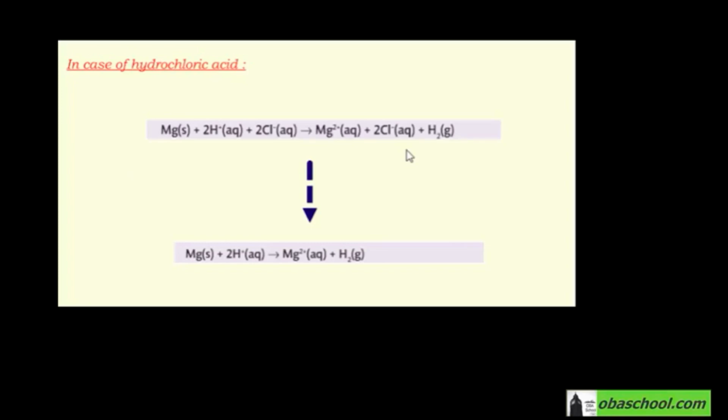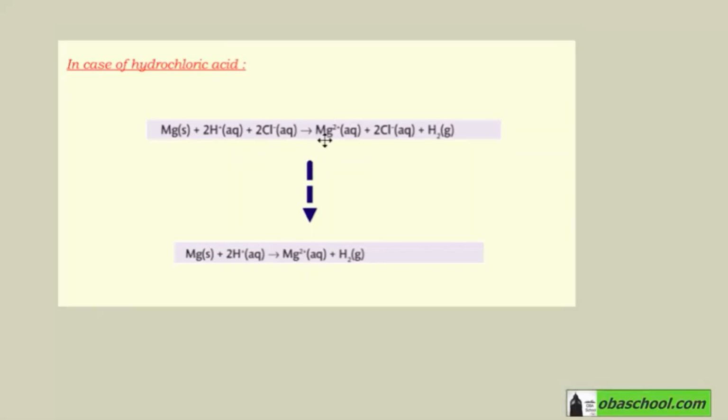So magnesium became Mg2+. 2H+ stays here because we don't have another one on the product side. 2Cl- is the same on both sides, so it's the spectator ion. So the equation becomes Mg plus 2H+ reacts to give Mg2+ plus hydrogen gas.